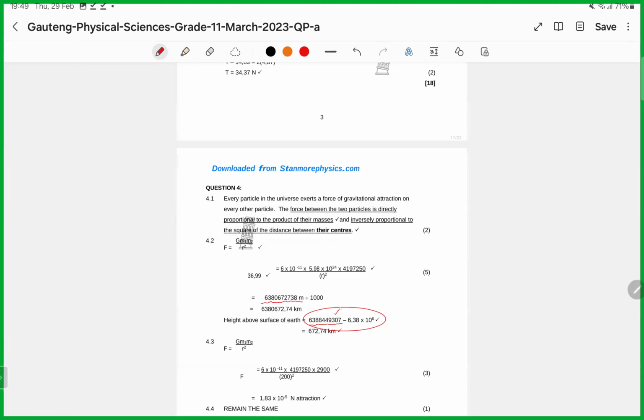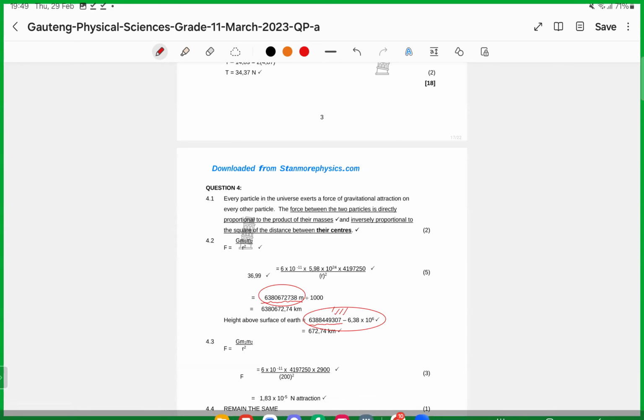Where did they get this number from? This number here and that number there is not the same. So the memo is wrong. Yeah, the memo is way off.